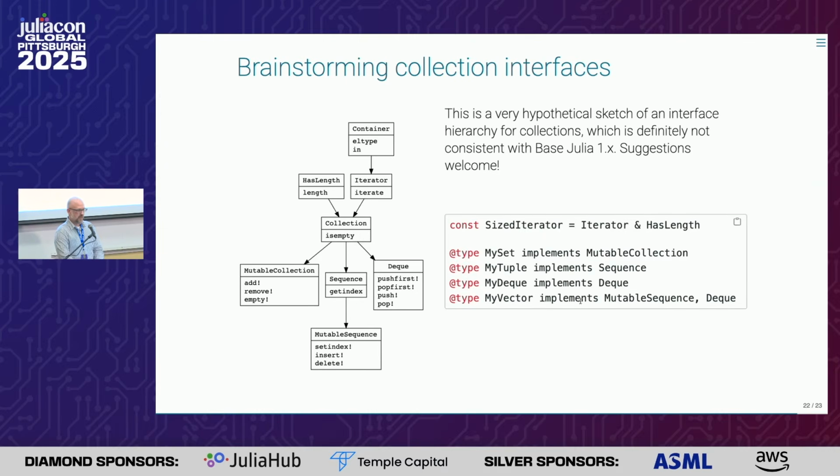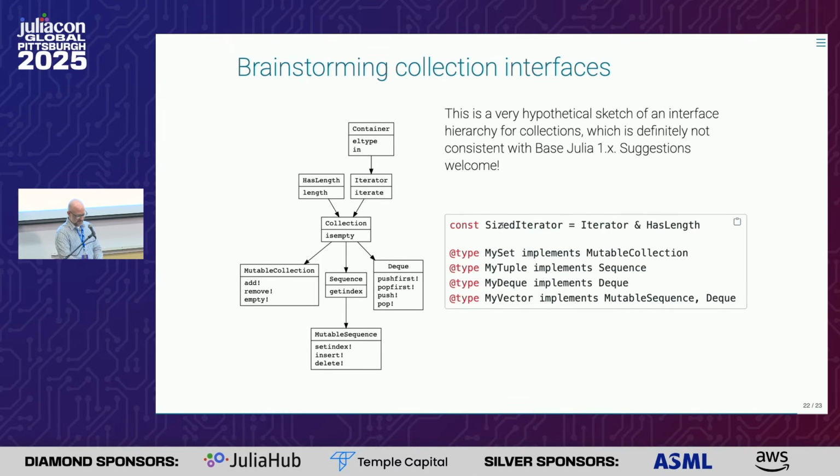And in this little code box here, you can see that if you implement a set, it's probably going to implement the mutable collection interface. If you implement a tuple, that would be the sequence interface. Of course, if you implement the dequeue, it would implement the dequeue interface. And if you implement a vector similar to what we have in base Julia, that would implement the mutable sequence and the dequeue interfaces.